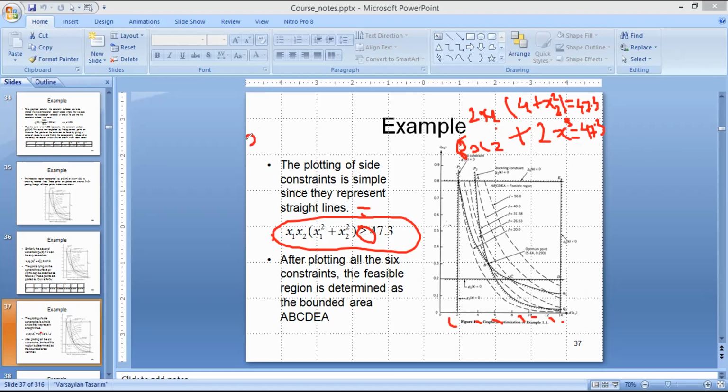First of all, the highest power is x cube. So 2x cube plus 8x2 minus 47.3 is equal to 0. Any doubt in this form?